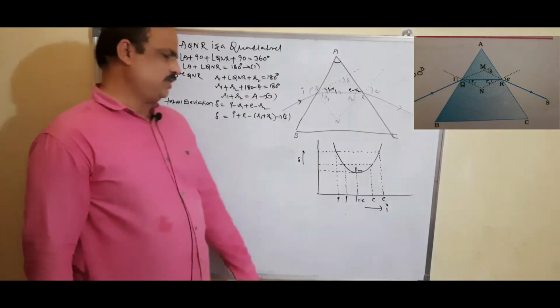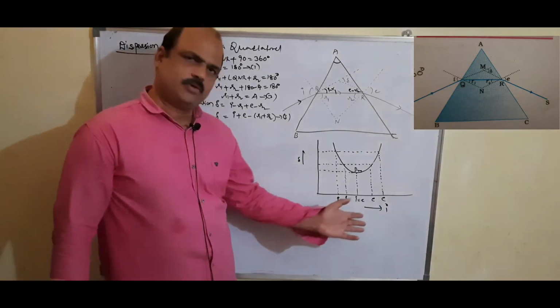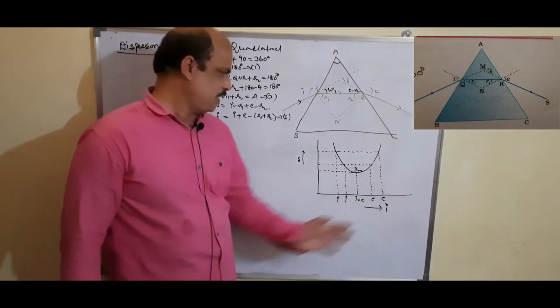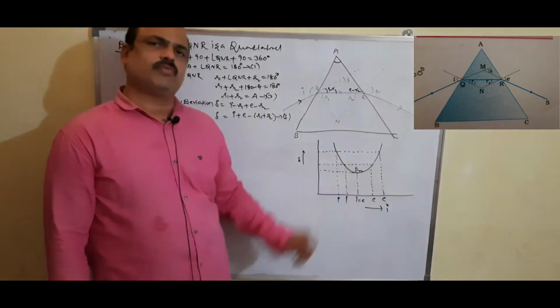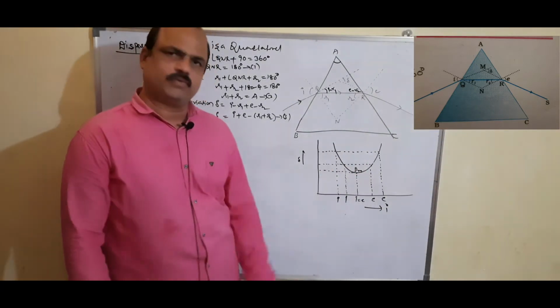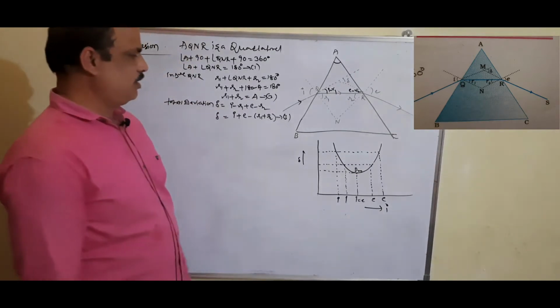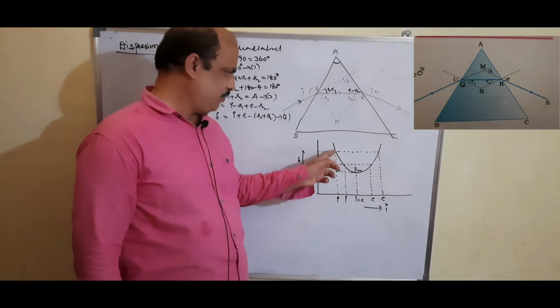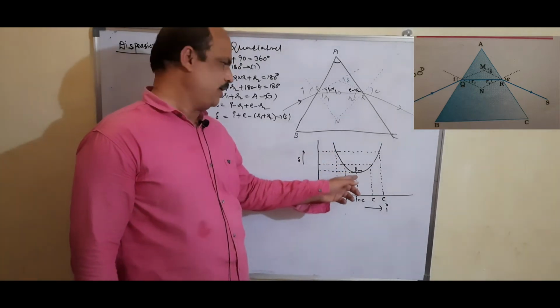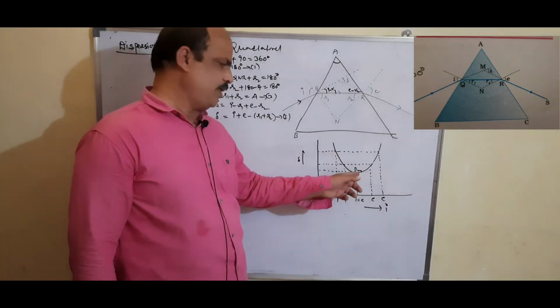Now let us draw a graph between angle of incidence and angle of deviation. We get this type of graph, a parabola. Observe, as the angle of incidence increases, the angle of deviation decreases and it reaches a minimum value.